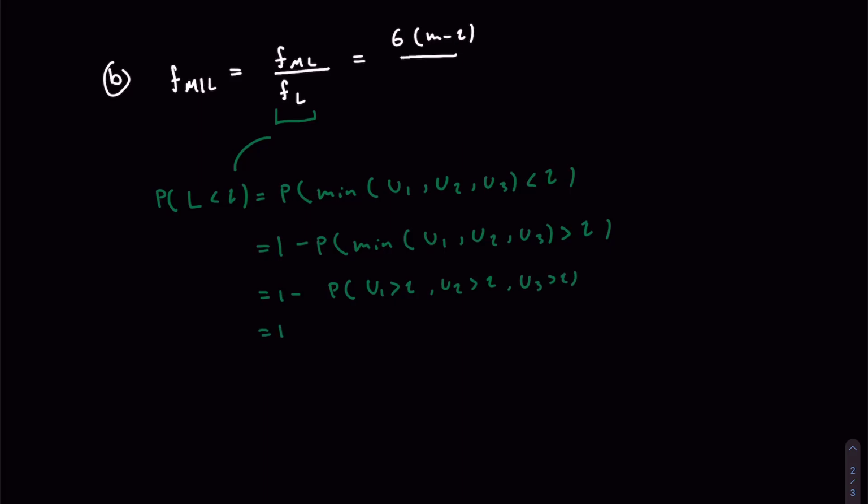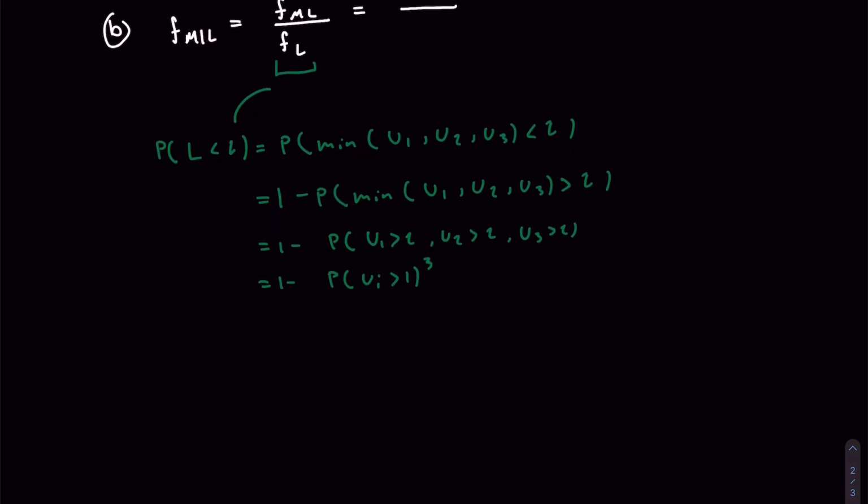And using the fact that they're independent, we can write any of these i's, 1 to 3, 3 times, and that is the same thing as 1 minus this thing here, which is 1 minus L. So we're going in the other direction, right? So it has to be the complement 3 times.